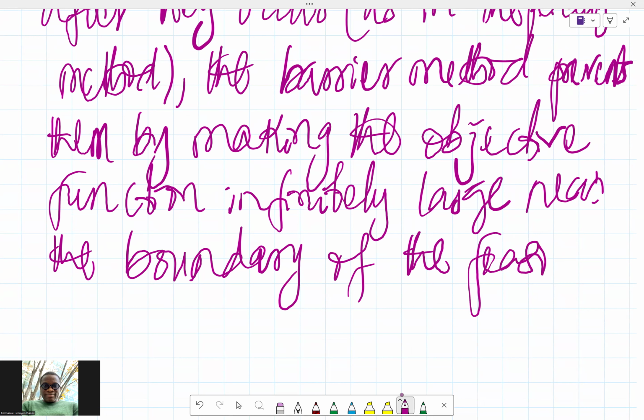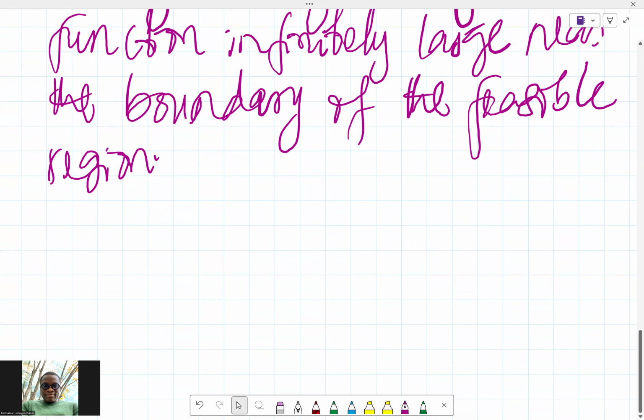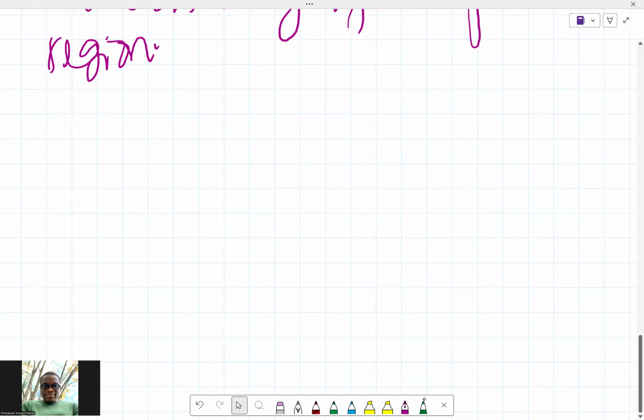Okay, so this makes it impossible for any kind of violation in the first place. It's more like erecting a very high fence that nobody can scale, basically.